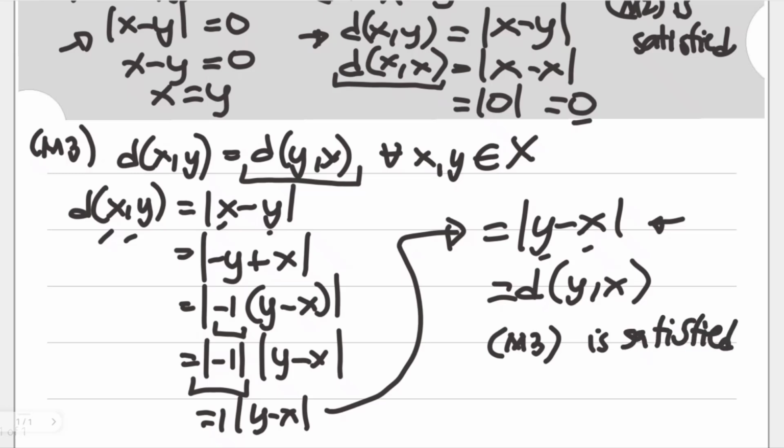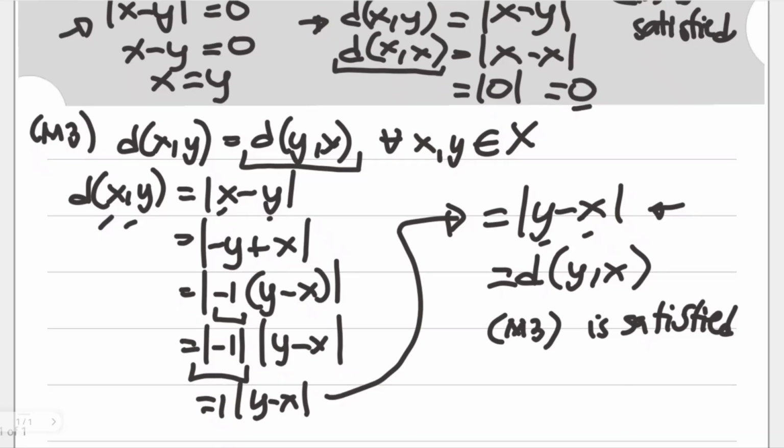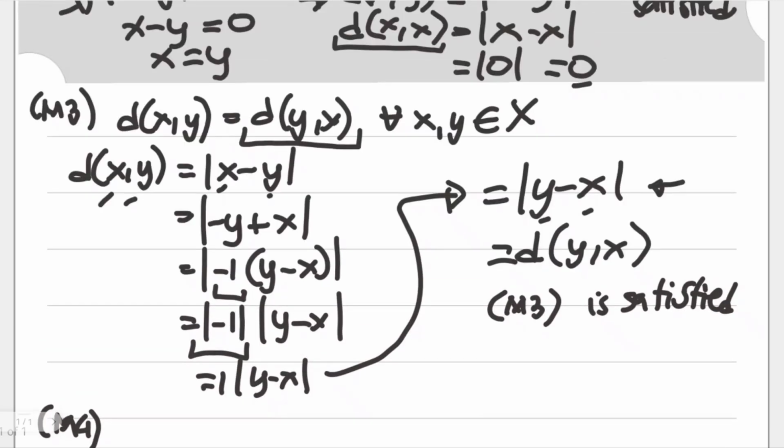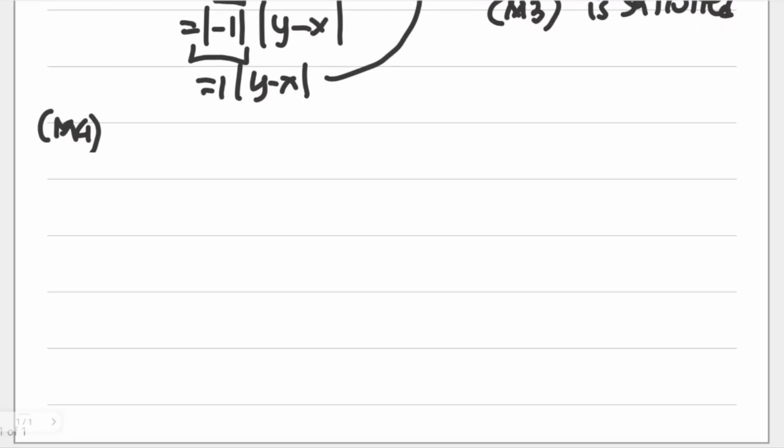So we are down to our last condition for this function d to be considered a metric on the given set. So let's have M4. For M4, this is on the triangle inequality. By the way, M3 is on symmetry, that they are just the same. M4 is on the triangle inequality.